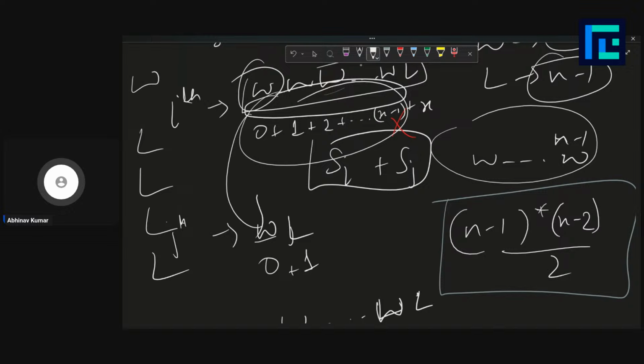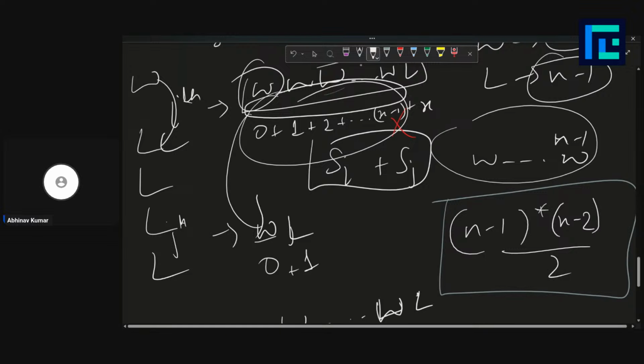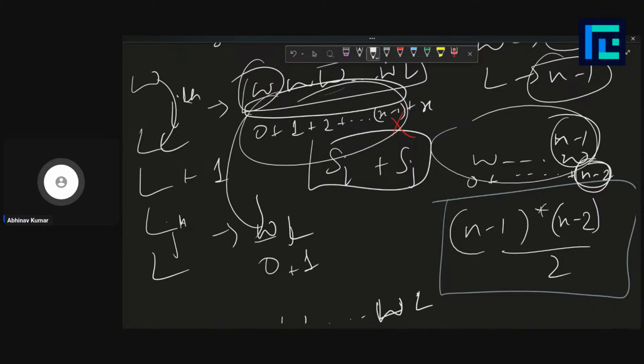Whenever you transfer a win from the first person to someone else, if you are taking till n minus 1, you are adding from 0 till n minus 2, the last n minus 2 gets taken out and you add a plus 1 to that. So you are basically decreasing the value.